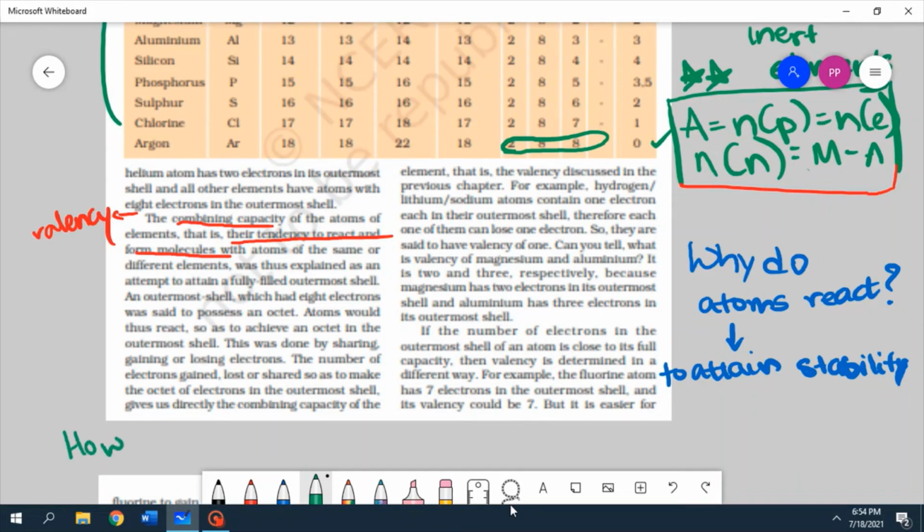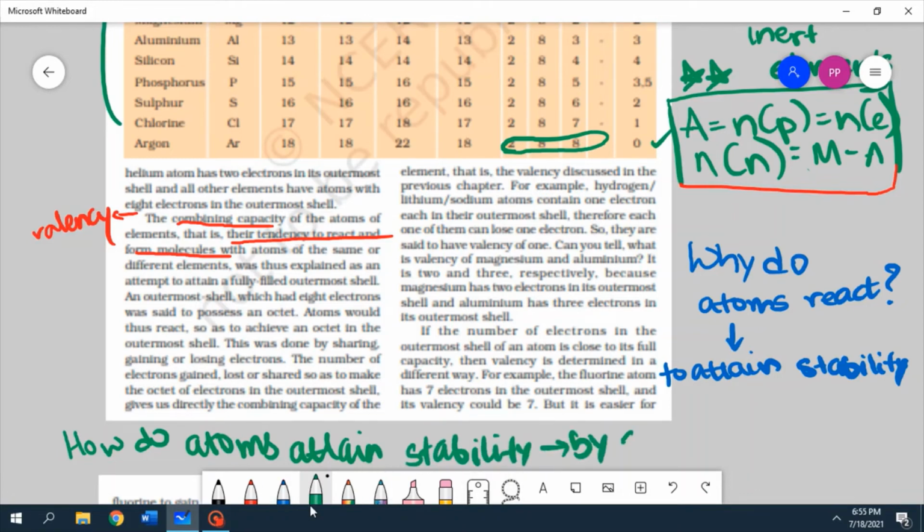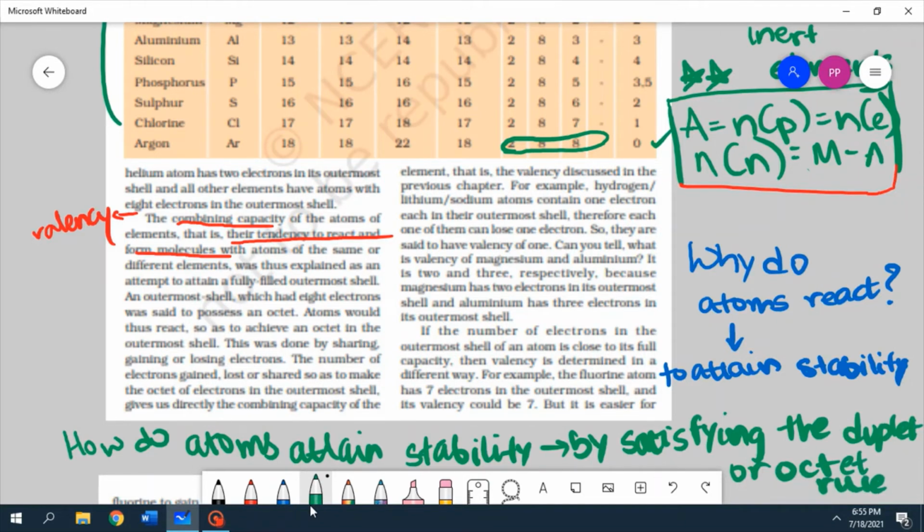How do atoms attain stability? And the answer to this question would be by satisfying the duplet or octet rule.